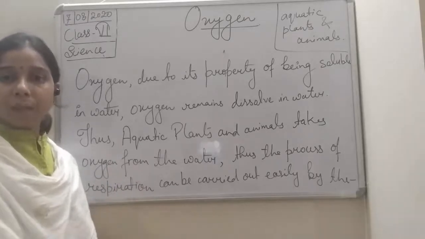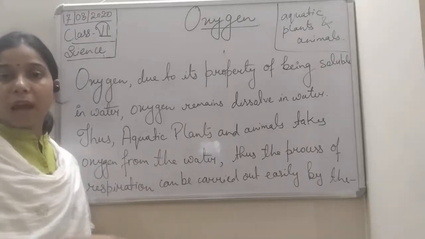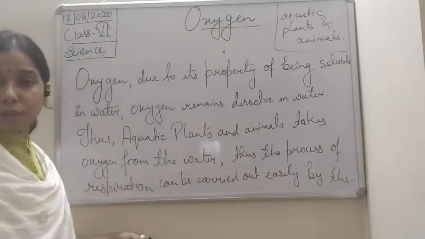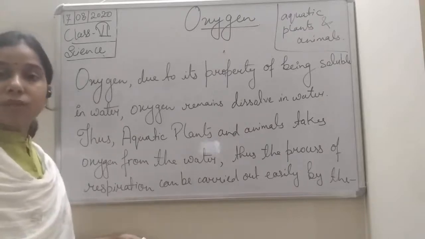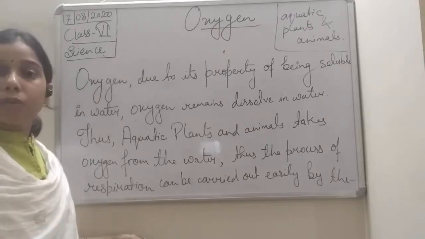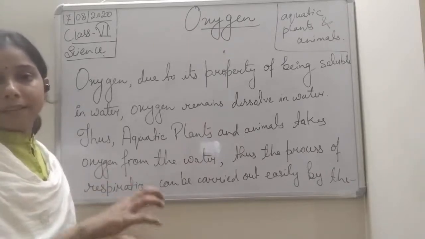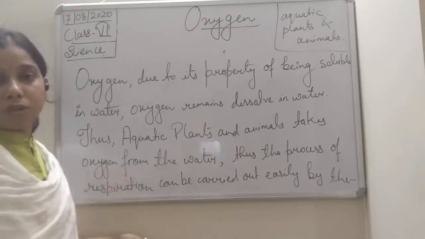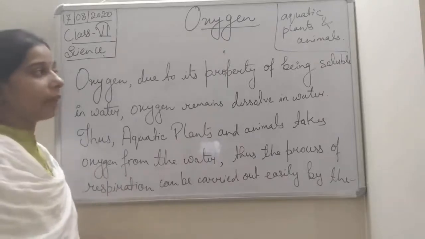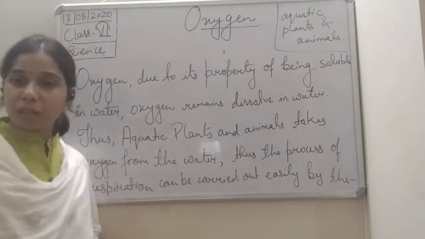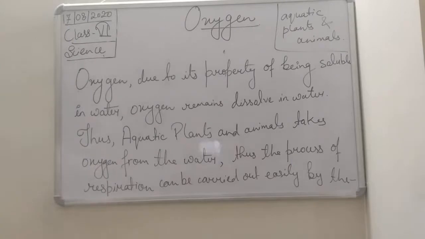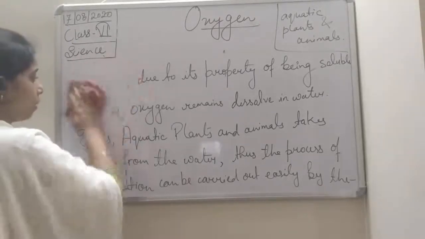Those living on land, with a terrestrial habitat, take oxygen from the atmosphere, and those with an aquatic habitat take the dissolved oxygen from the water itself and carry out respiration. So, students, we can say that oxygen is important for the process of respiration.